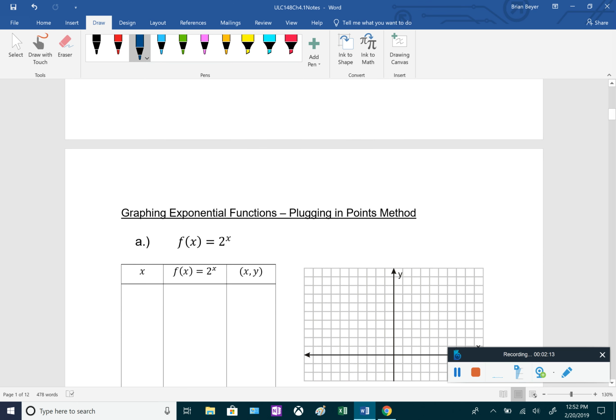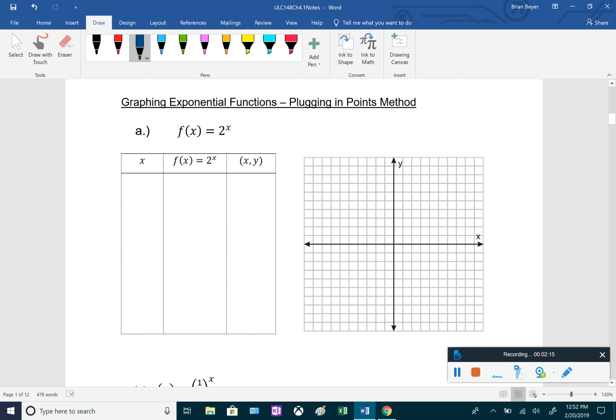So let's graph two examples of these, and we'll do it by plugging in x values and finding their y values so we can plot the ordered pair. For the first one, we have f of x equals 2 to the x. I'm going to use integers for x between negative 3 and positive 3.